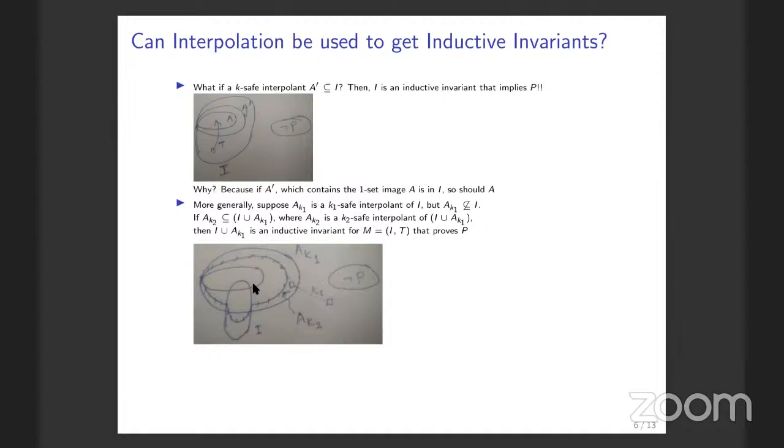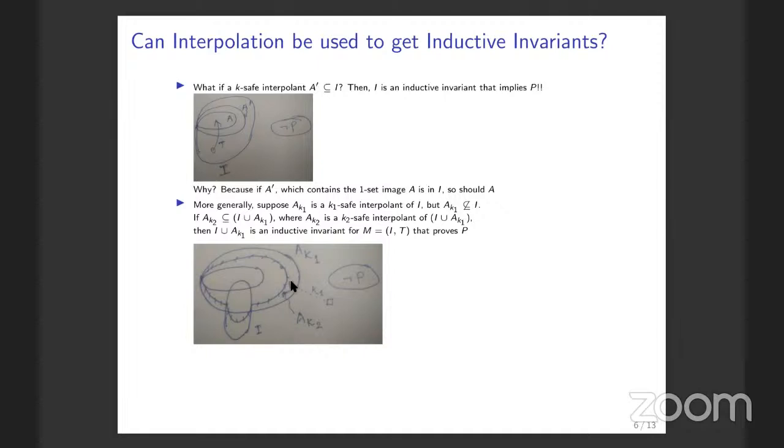From that, I compute another k-safe interpolant over I union ak, and see if for some multiple of k that interpolant itself is contained in the initial state, then I have reached a fixed point. And that's what you check.